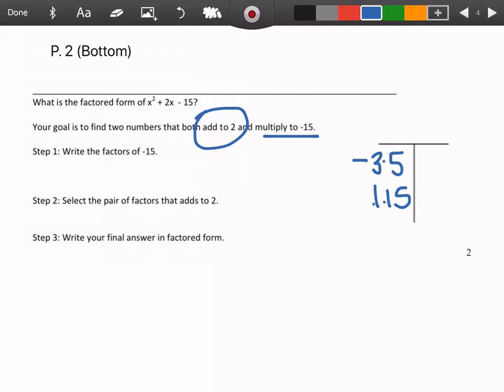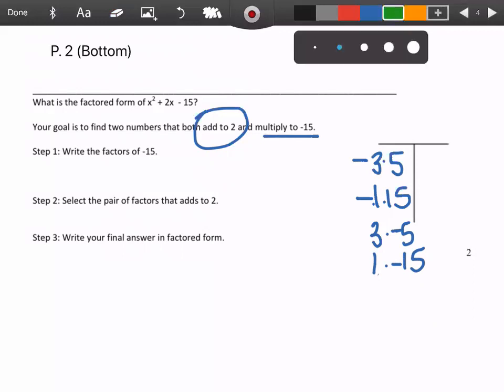Negative 1 times 15, that's negative 15. But it also works in the reverse. It works when the 5 is negative and when the 15 is negative. All of those will give us negative 15 if we multiply them.